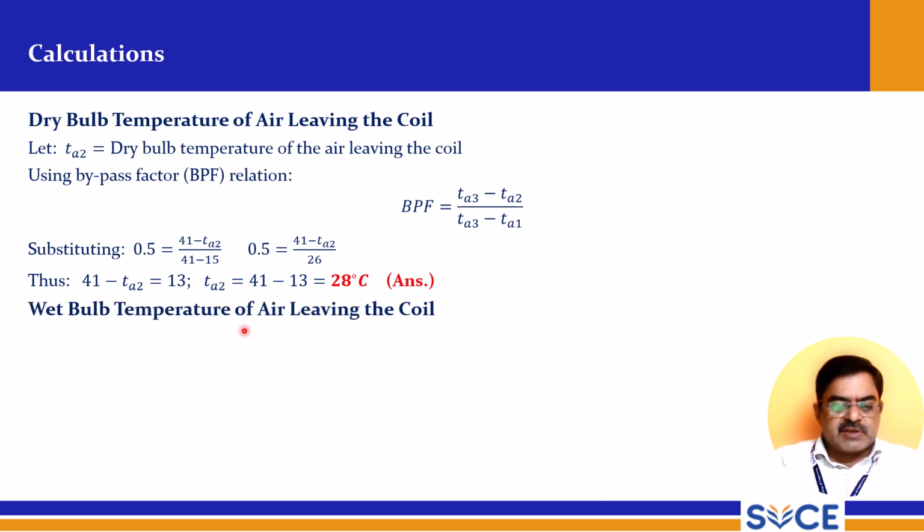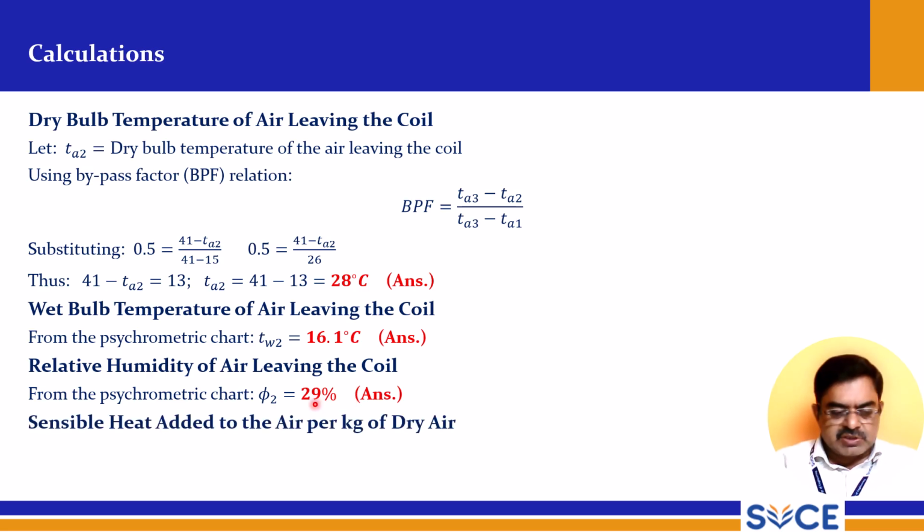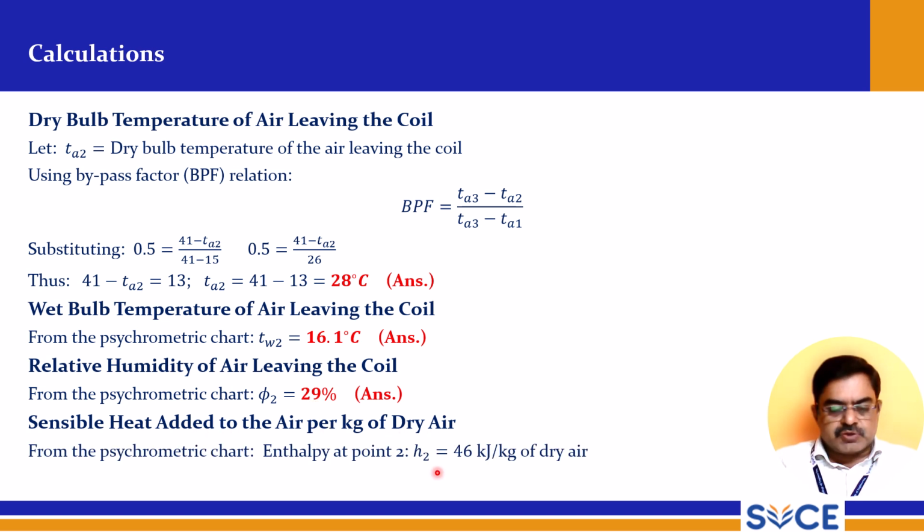The wet bulb temperature of air leaving the coil from the psychrometric chart is Tw2 equal to 16.1 degrees Celsius, and the relative humidity of air leaving the coil is Phi2 equal to 29%. For the sensible heat added per kg of dry air, H2 equals 46 kilojoules per kg of dry air.